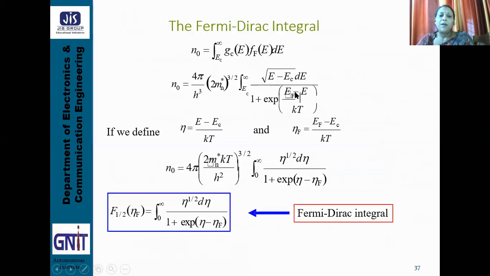So the Fermi-Dirac integral, we know the Fermi-Dirac function. It is already shown in an earlier slide how it has come. Again, it is shown. Please go through it, you will understand.